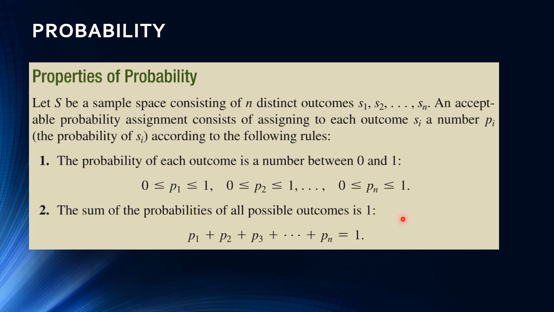Well, that makes sense, right? Because if I add up all the probabilities for every single outcome, then I'm counting on a certain event because it has to be one of those possibilities. And we know that when the probability equals 1, it's a certain event. So when we're talking about the probabilities of possible outcomes, the sum of them has to add up to 1.